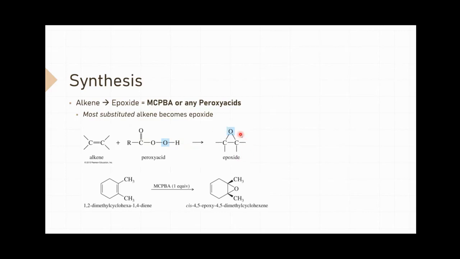It's going to make an epoxide, a three-membered ring with an oxygen at the tip, and it's going to attach to the most substituted alkene. So if we have this molecule, it's going to attach to the one that has more substituents. All right.